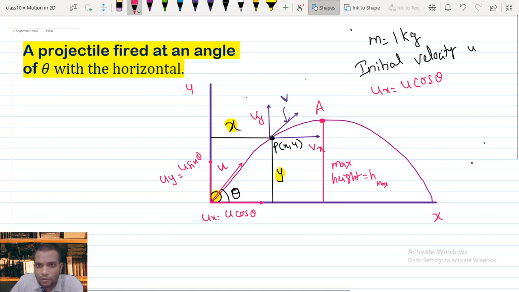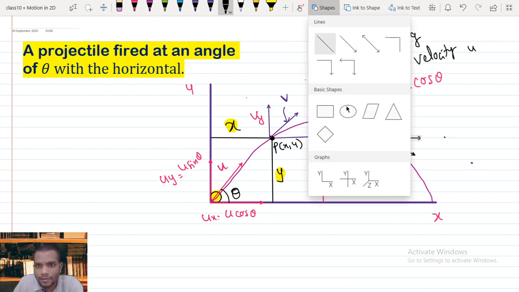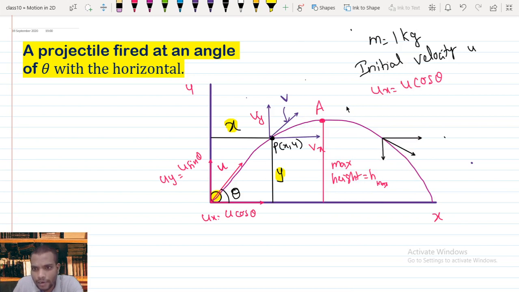If I take one more point here, on the resultant vector direction, that velocity also resolves into two components, a horizontal component and a vertical component in the downward direction. I write v suffix x and v suffix y.